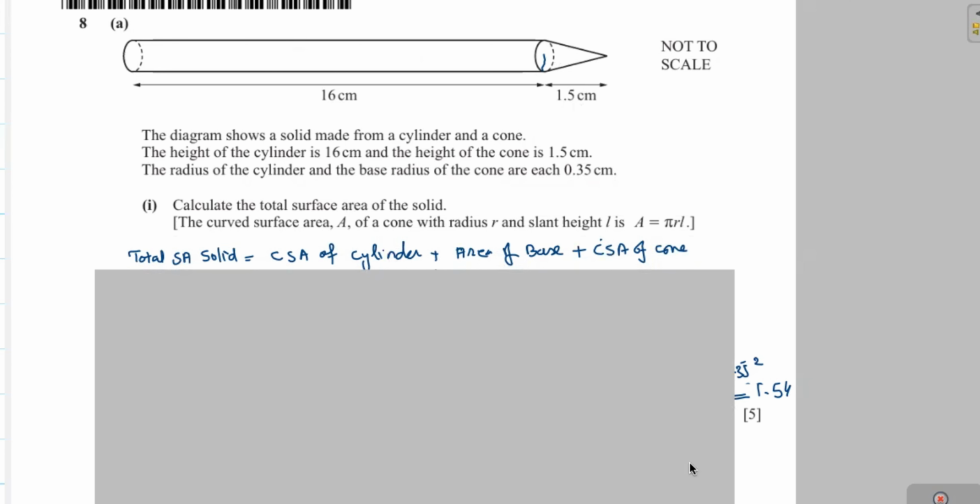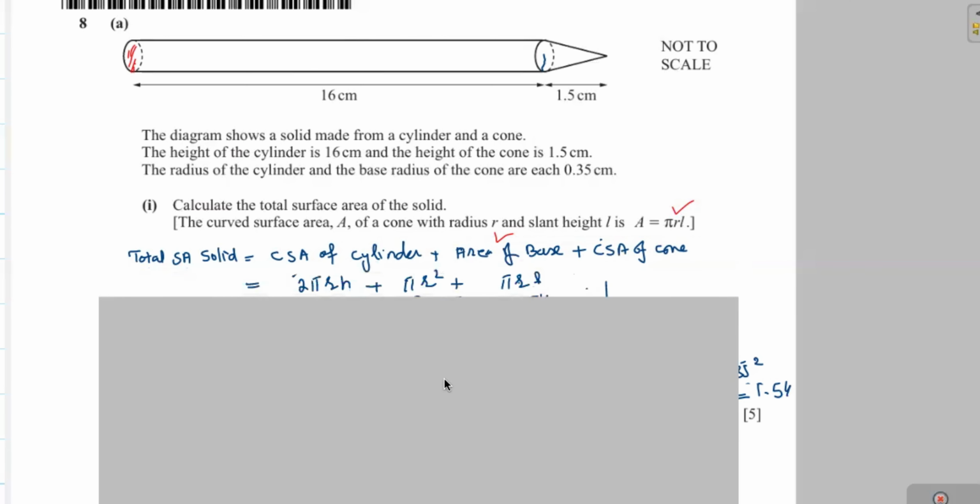Look here, the base of the solid also here. This is the base. Therefore, we will write area of base. Now, the formula of curved surface area of cylinder is 2 pi RH and the area of base pi r square. Curved surface area of cone here is given pi RL. We will write all these formulas 2 pi RH, pi r square plus pi RL.